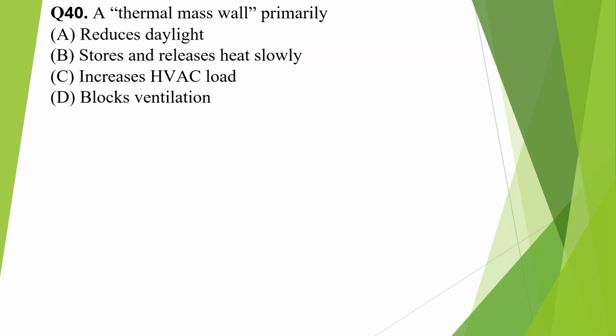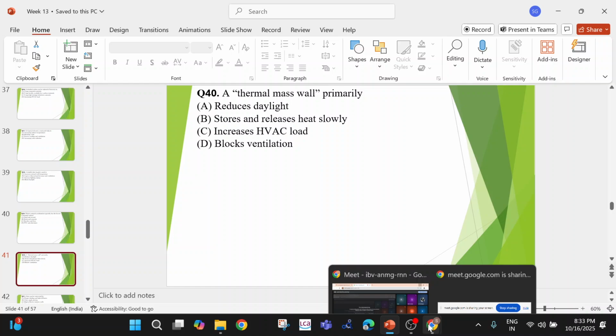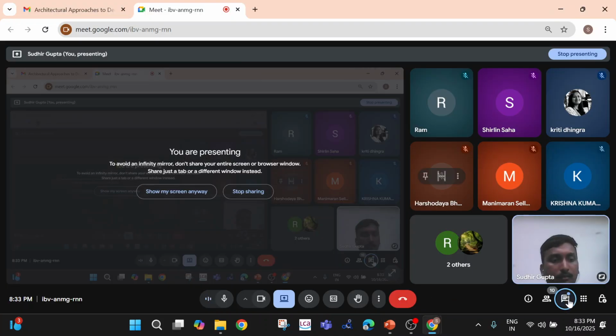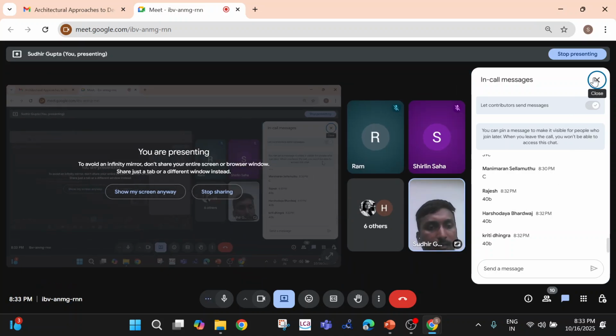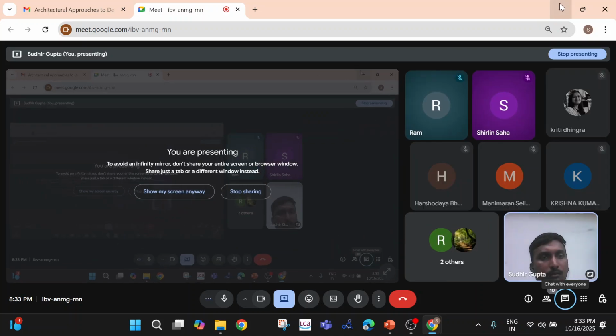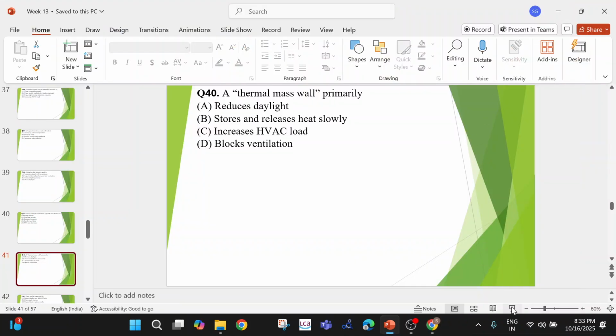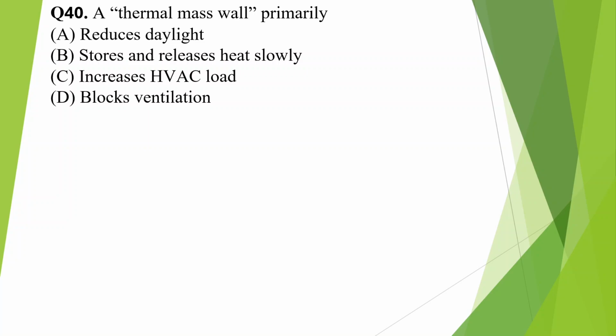So most of you have answered 40B, as I can see, and 40B is the correct answer for this question number 40, that is, stores and releases heat slowly. It is the primary function of a thermal mass wall.